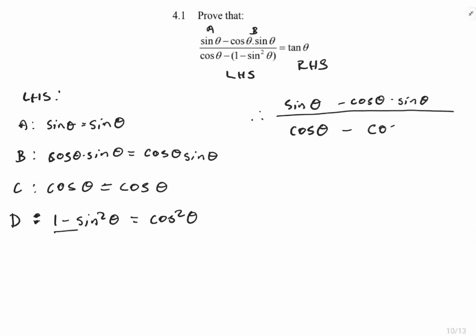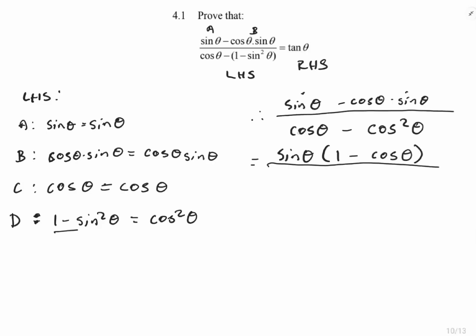So this becomes cos squared theta. And now if you look at your denominator, let's start with the numerator. If we look at the numerator, if we take out what is a common factor here, there's a sine theta and there's a sine theta. If we take out a sine theta, we're going to be left with 1 minus cos theta.